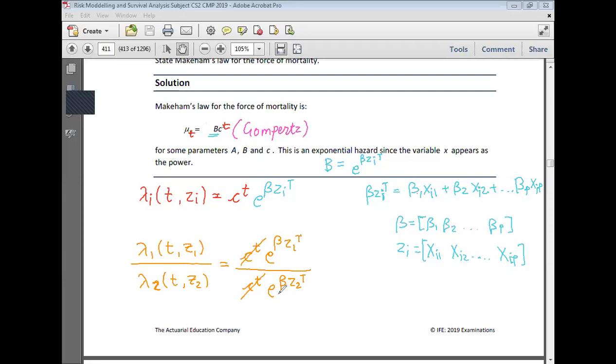Irrespective of time, this lambda 1 upon lambda 2 will always remain constant, because e raised to beta z1 and e raised to beta z2 in no way depend on t. So even if I change t, the proportion of lambda 1 upon lambda 2 is going to remain constant.